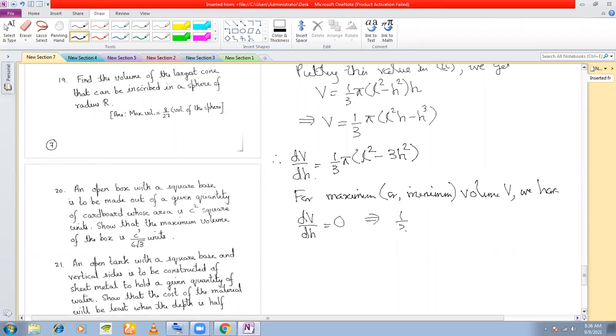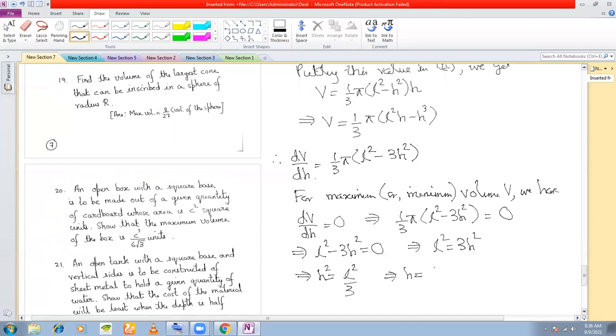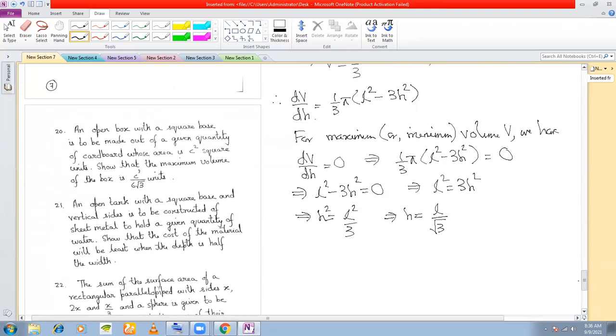That means 1/3 pi (L square minus 3h square) is equal to 0. That means L square minus 3h square is equal to 0, so L square is equal to 3h square. Because h is a variable, we'll find h in terms of L. So h square is equal to L square by 3. That means h is equal to L by root 3. So at h equal to L by root 3, volume is either maximum or minimum.